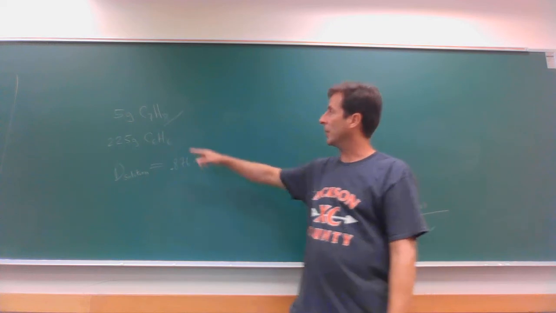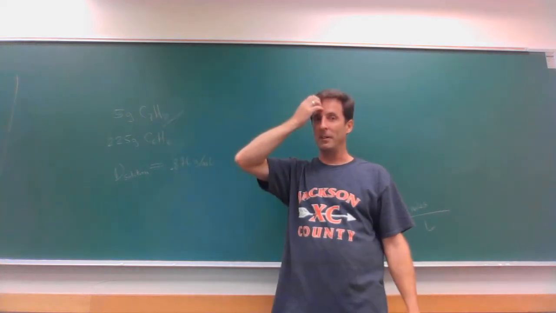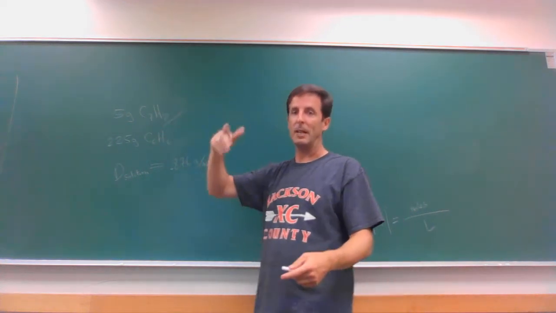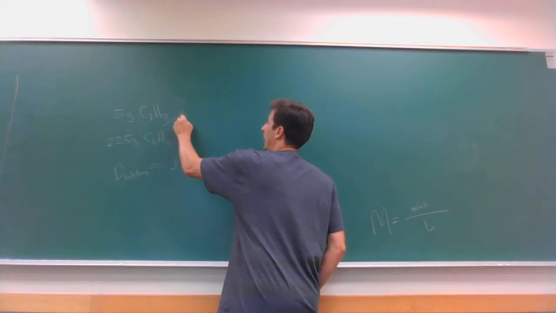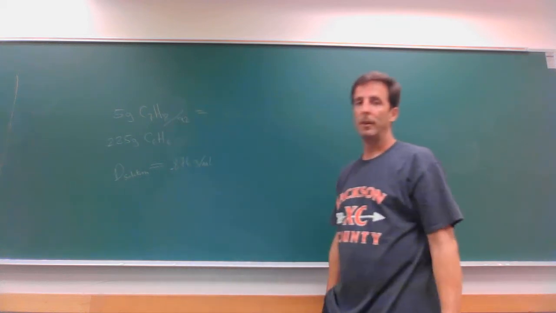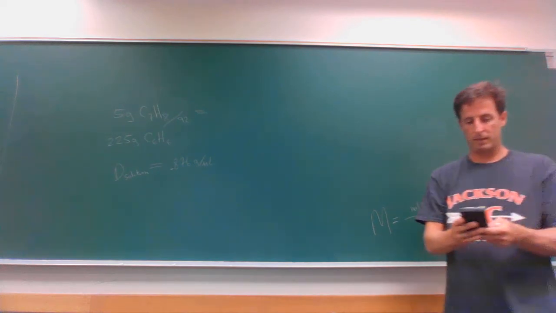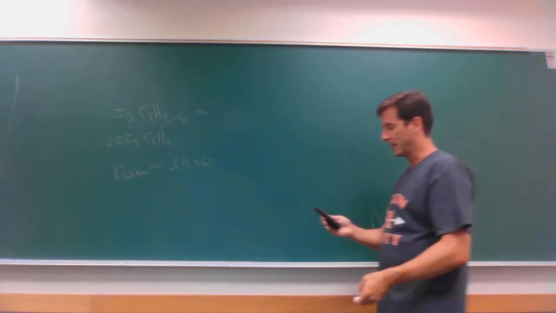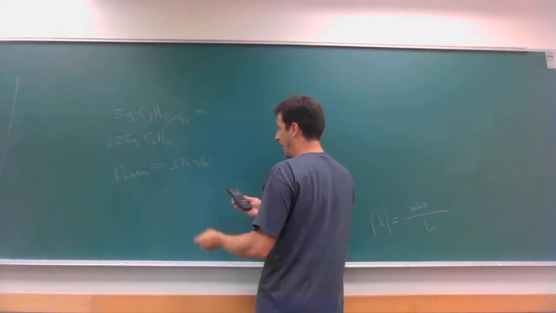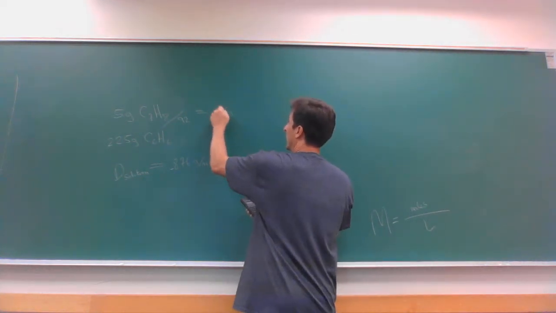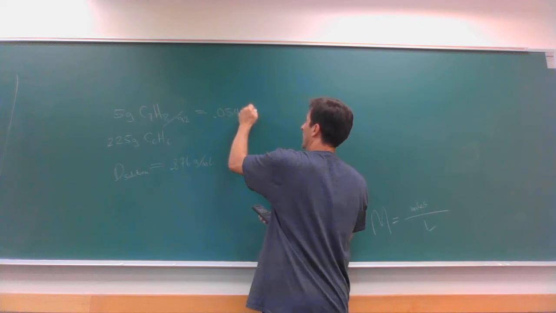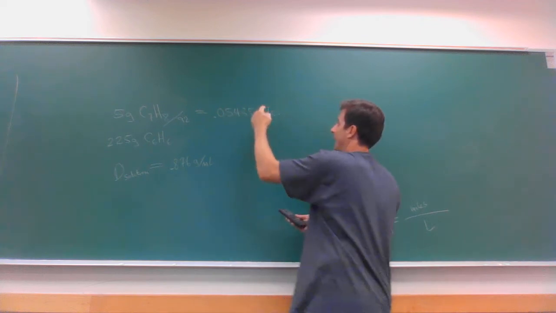The molecular weight of toluene will be 12 times 7 is 84, plus 8 gives me 92. So I'll do 5 divided by 92 to get the moles. That's going to be 0.05435. So that number goes on top.